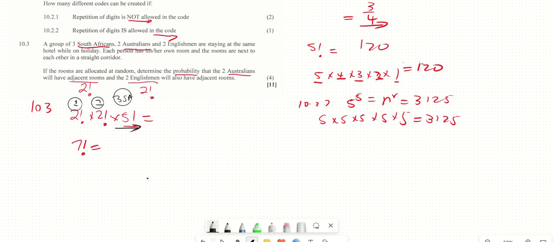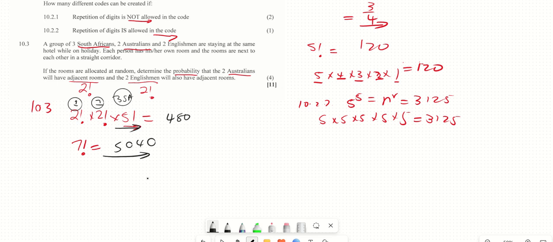So now let's check: 2 factorial times 2 factorial times 5 factorial. Being arranged in this way, they can be arranged in 480 ways. Then all together, without any order, they can be arranged in 7 factorial, so these are the 5,040 ways of arranging these people, but 480 ways is to arrange them being close to each other.